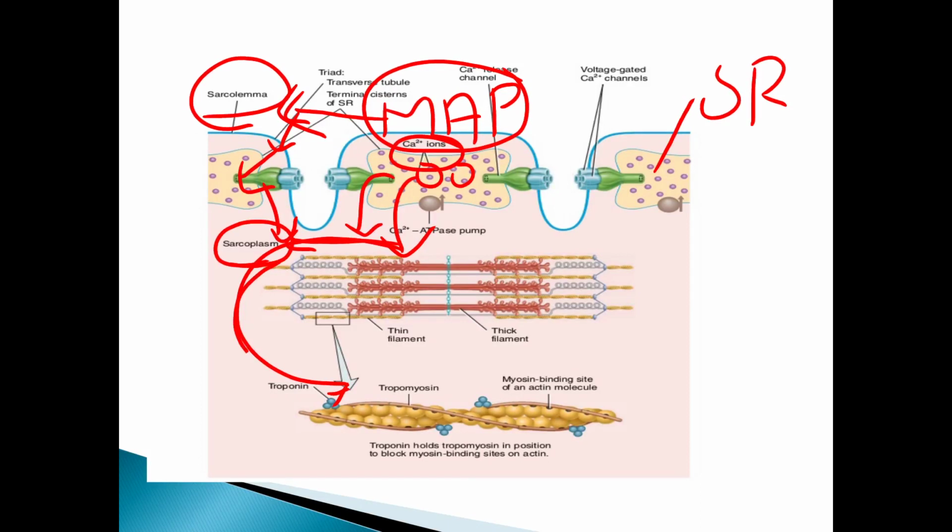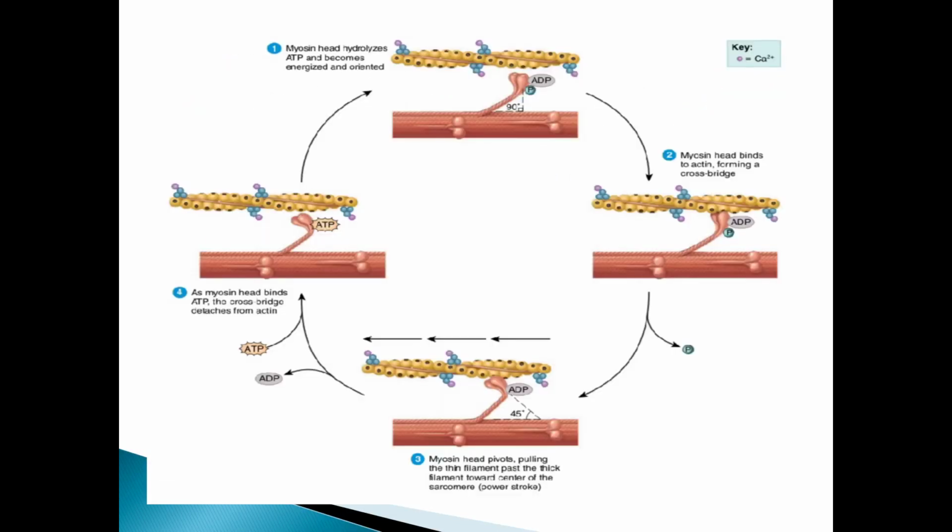So it will bind to the troponin. Binding of calcium to troponin causes tropomyosin to free the myosin binding site. So the tropomyosin moves away from the myosin binding site, and then the contraction cycle begins.